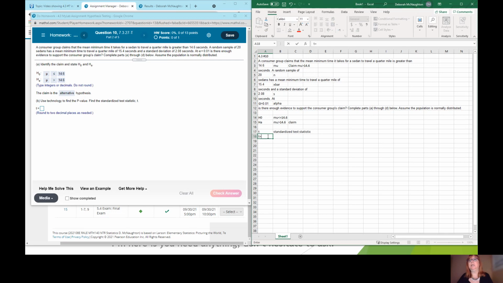So t equals x bar minus mu divided by s over the square root of n. So that's the formula we use for t. It's just like z, except we replace the sigma with s.